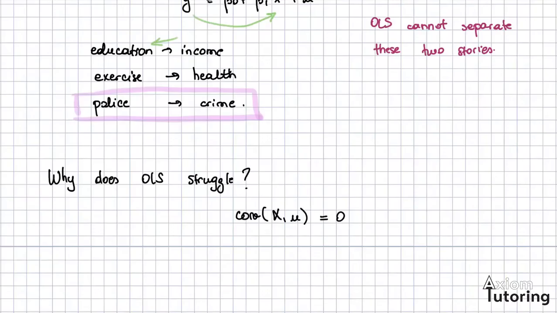But when y affects x, it means that something in the error term that is part of the y is actually affecting x, right? Which means that in the case of the simultaneity issue, this assumption will no longer be true, okay? Because the feedback from y to x is contaminating x, and the OLS is picking up this contamination and attributing it to your beta 1, meaning that the estimate is not only biased, but also inconsistent, okay?